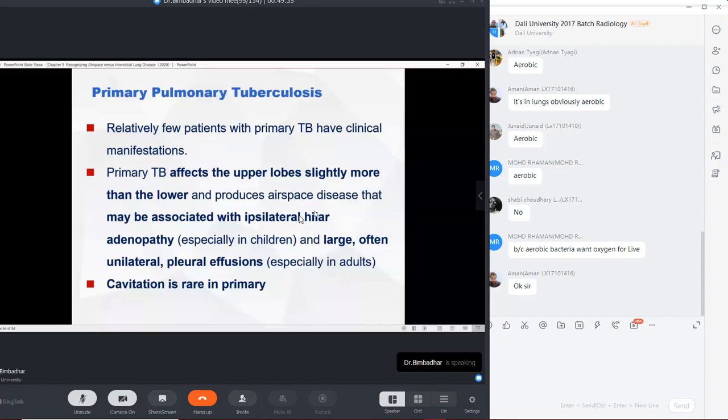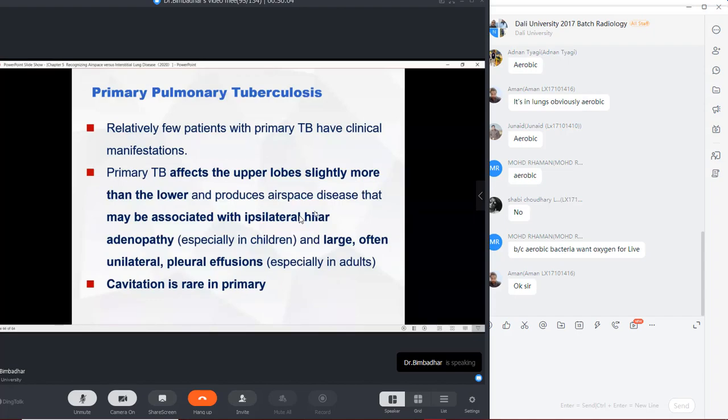So what is the criteria for finding out if the patient has lymphadenopathy or not? Measure the lymph node that you look at on the X-ray and say if there is a lymphadenopathy or not. Any lymph node that has a diameter greater than 1.5 centimeters is meant to be enlarged. An enlarged hilar lymph node along with the focus on the right side indicates that the patient has tuberculosis.